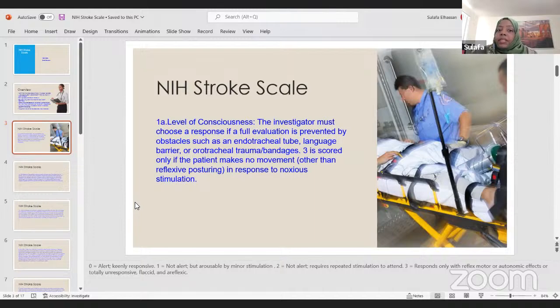3 is scored only if the patient makes no movement other than reflexive posturing in response to noxious stimuli, like the gag reflex. So you can put 3 here.